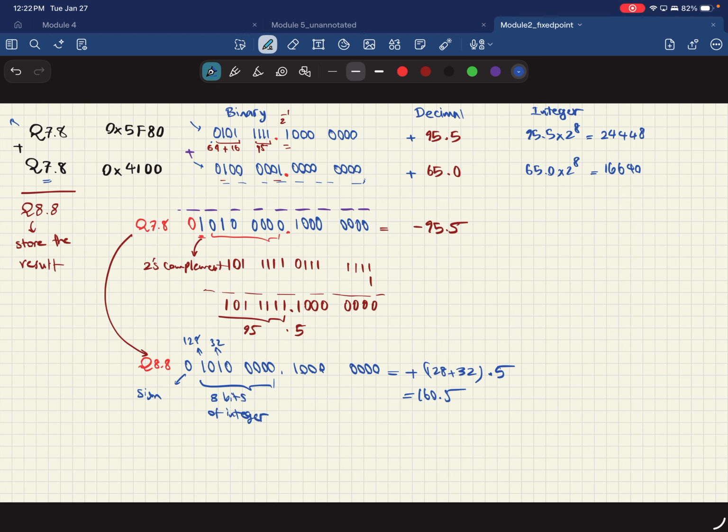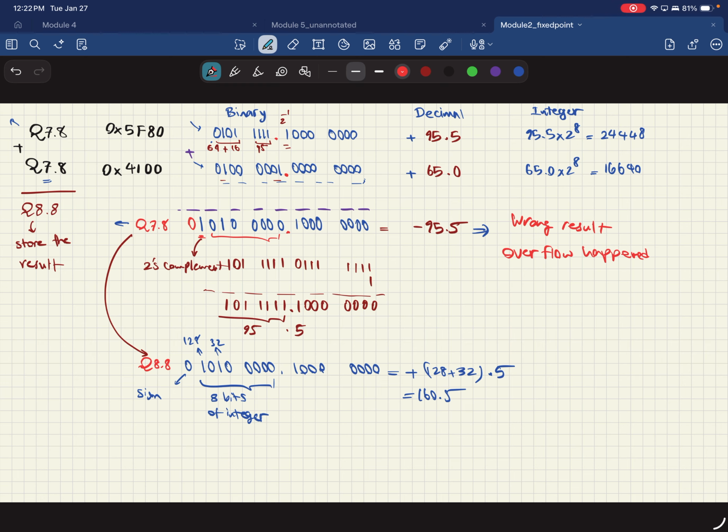But that's not how it works, right? You would store it in a Q7.8, like this one. And this means this is a wrong result. What happened was that overflow happened. And when overflow happens, what you do is that you saturate the result.